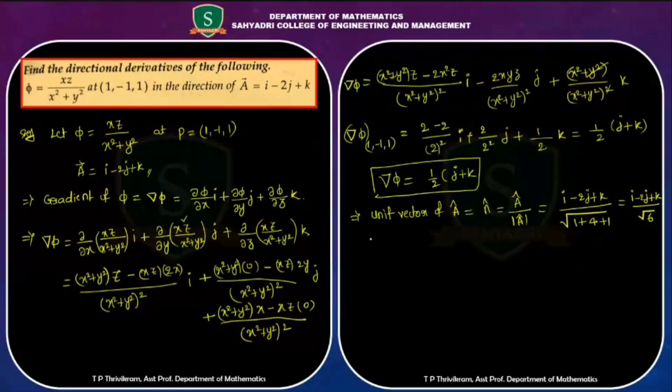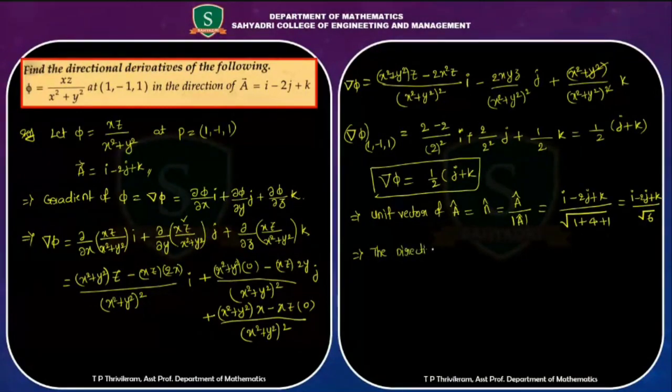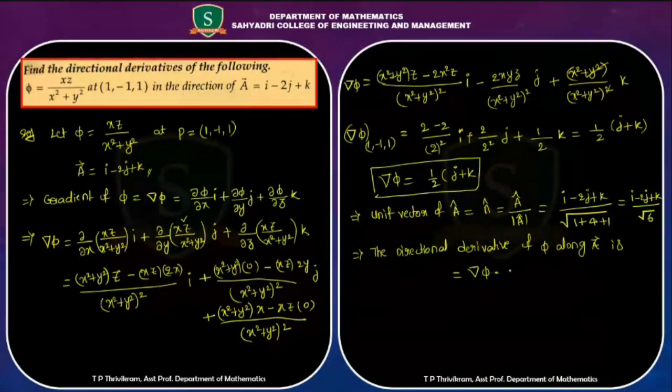So now we need to do dot product between del phi and n cap. So implies the directional derivative of a given surface phi along the given vector A is nothing but del phi dot n cap.